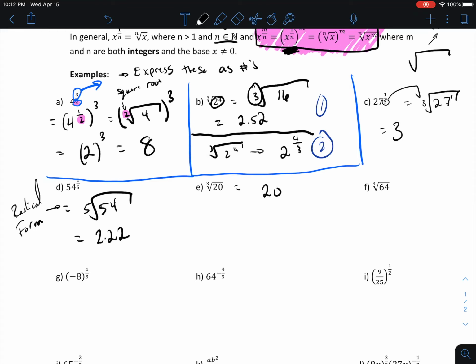Okay. This one here, you could write as 20 to the 1/3. If I asked you to write it with a rational exponent first, then you have to write it this way.